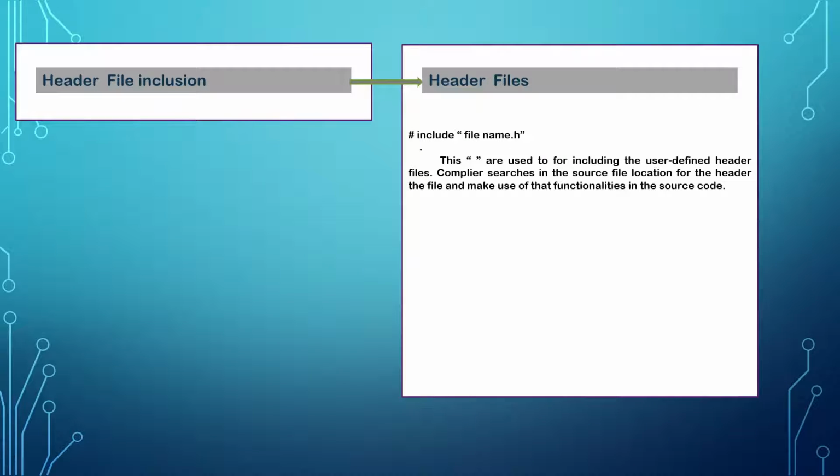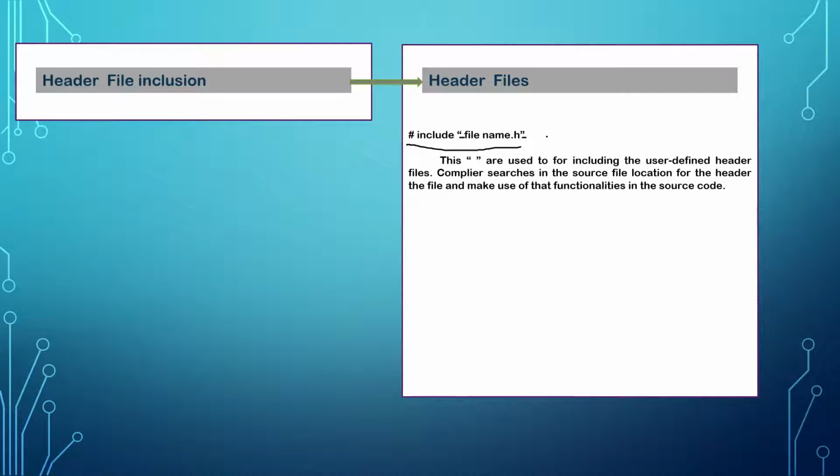By giving hash include "filename.h" in double quotes. If you give it in double quotes, it assumes that it is a user-defined header file, so it searches under the folder where your source program is stored.